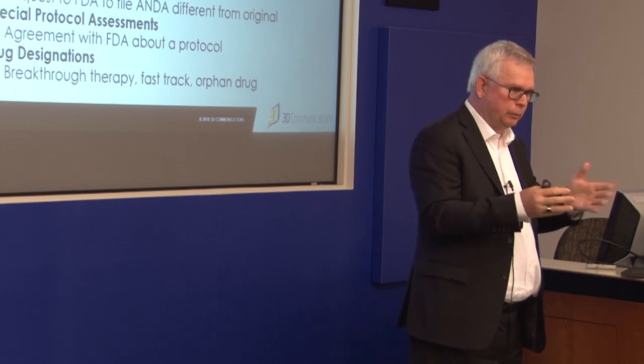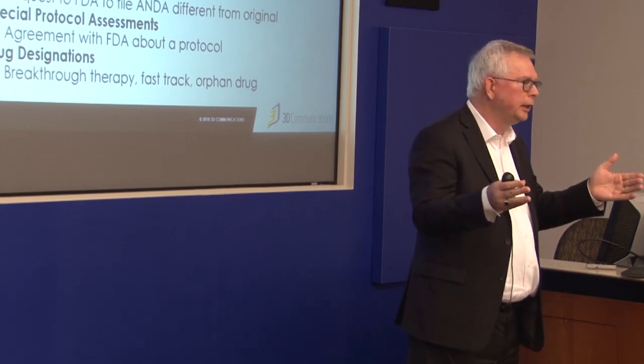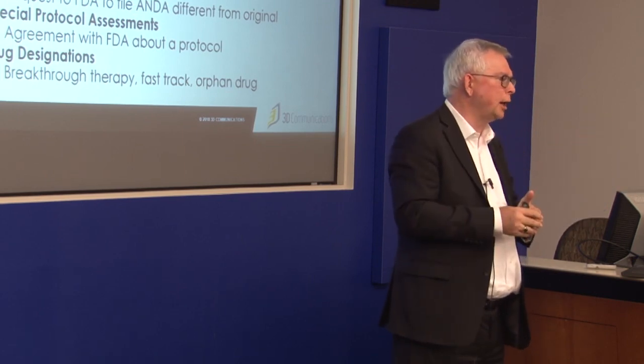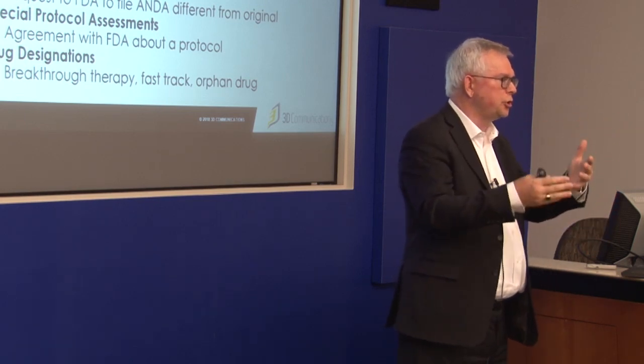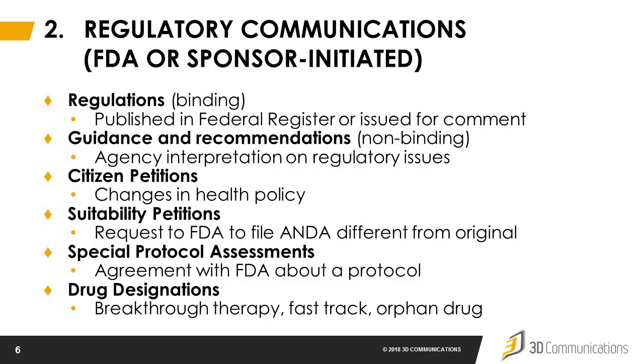The sponsor thinks, well, we did everything we said in the trial we would be doing. And the FDA says, yeah, but, and then they have some reasons why they don't think you fulfilled it. And then you can go to an AdCom to discuss that and get the public opinion about that. Drug designations, very important.